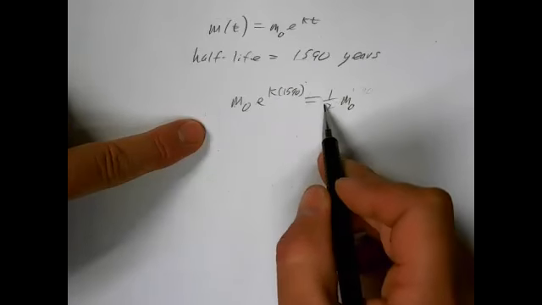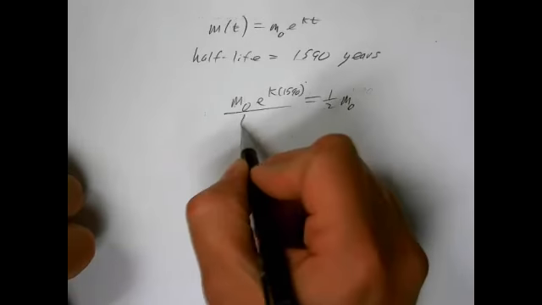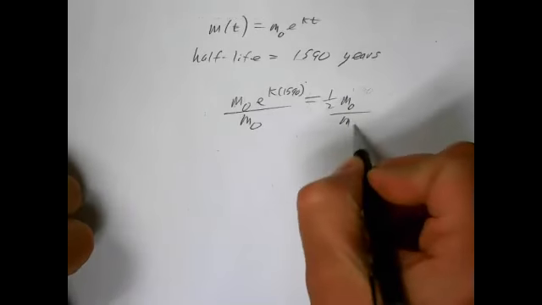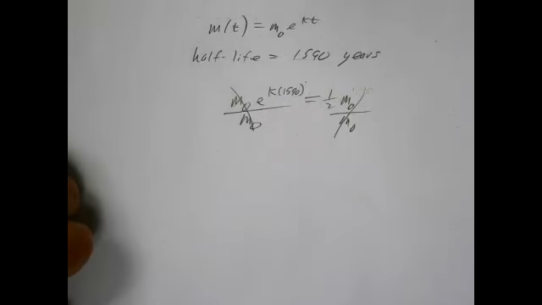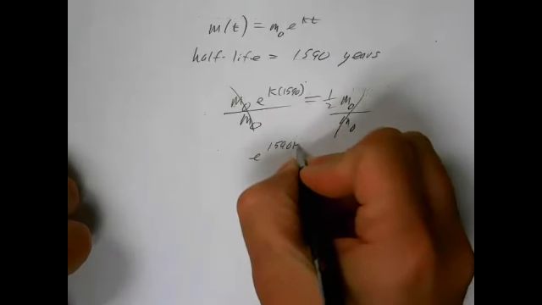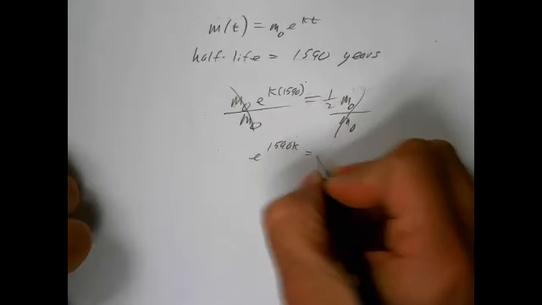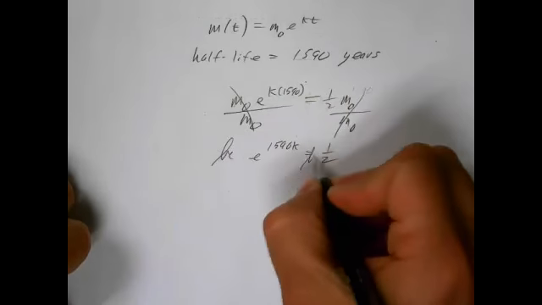And that should come out to be equal to 1/2 the original mass. Now at this point, you can divide both sides by m naught, and you'll see that it cancels. So what you discover is that the original mass really isn't relevant to this part of the problem. So we have e to the 1590k equaling 1/2. Natural log both sides.